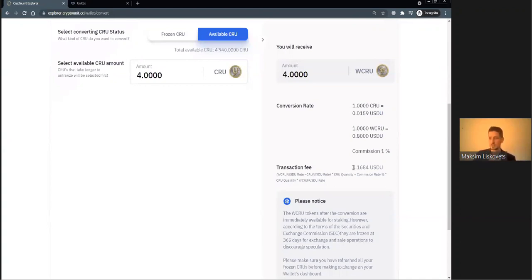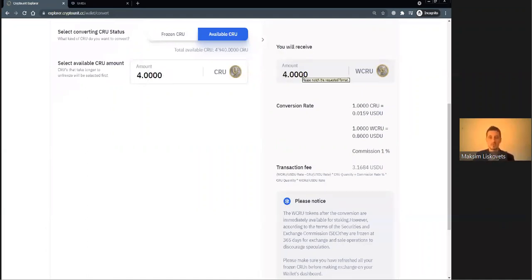Later on, there will be a training manual, a video manual created, and quite likely some training sessions will be arranged on how to work with the exchange and top up your wallet with USDU.